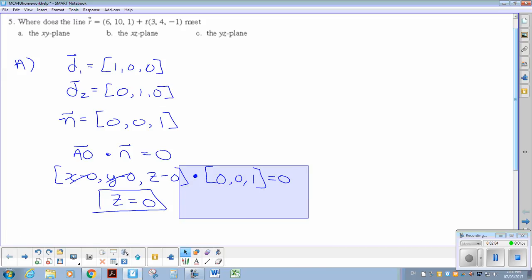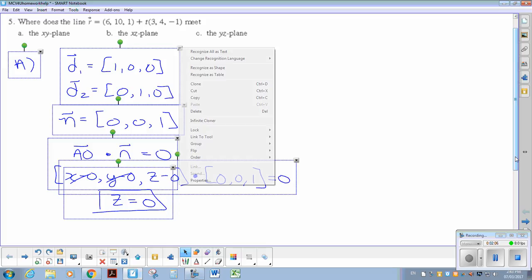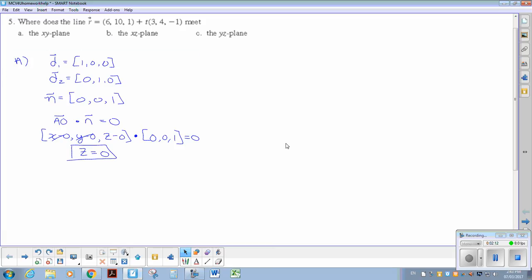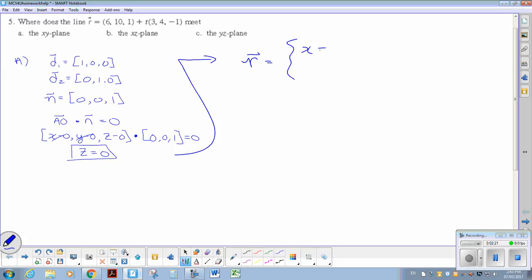The second part is to determine where that line intersects. I'm going to group that together to give myself a little more room. Moving over here, the process is substitution. So I'll rewrite that line in parametric format. Again, I'm going the extra distance here. Most of you will be able to pick that off without going through all the steps. z equals 1 minus t.